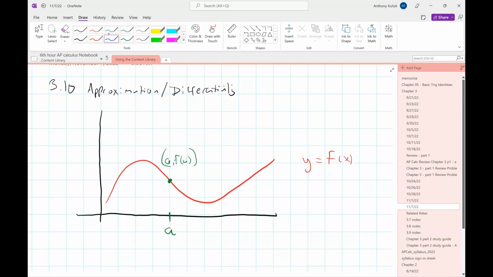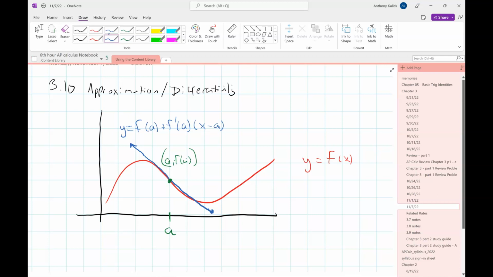Now we can write a tangent line for the curve at that point, right? The equation for that tangent line is going to be f of a plus f prime of a times x minus a.